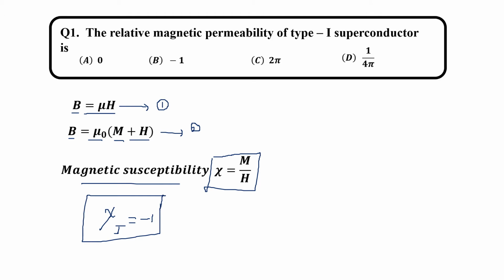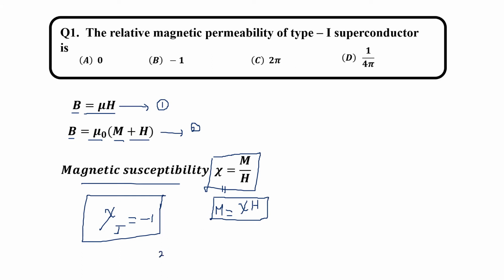What we can do is substitute the chi value, or rearrange this chi. How can we rearrange? The magnetization is equal to, if the magnetic field H in the denominator goes to that side, it will be in the numerator, so the magnetic susceptibility times the magnetic field. This is the magnetization. Now we can substitute this value in formula 2.